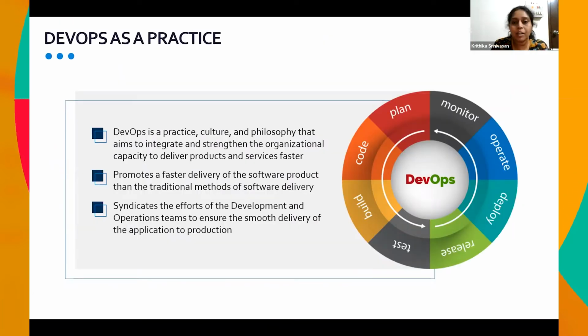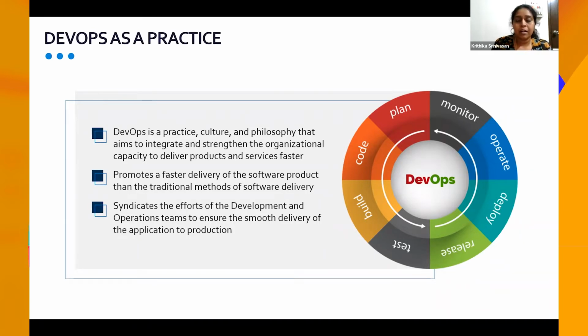DevOps, this is one term that we have been hearing of late. We see everybody implementing it, developing it as a culture, a mandatory practice in every organization. Right from smaller companies to large organizations have started implementing DevOps as a practice.